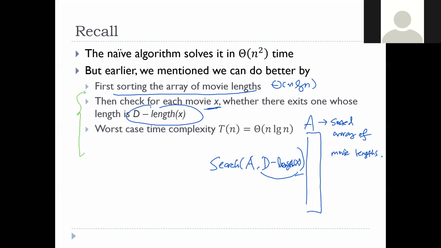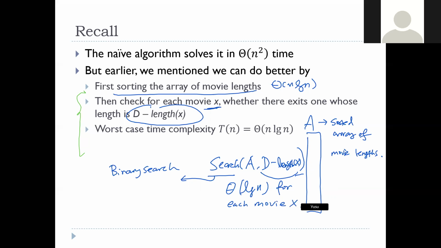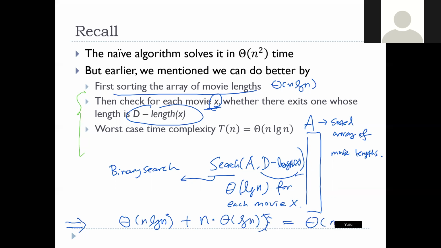And to search, this is just a binary search in a sorted array, which takes time log n for each query, for each movie X. So in total, I have to do pre-sorting, then search for each of the n movies, so that's n times log n, and the total time is still n log n.